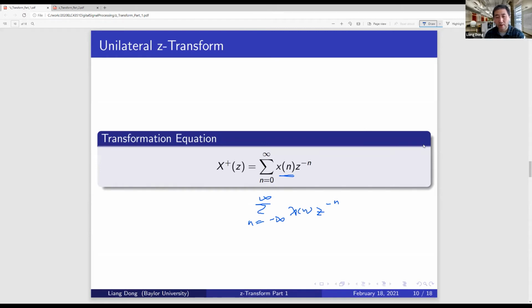We call that the unilateral Z transform. In some literature, they use the unilateral Z transform, which can help us do the calculation for any of those causal systems and causal signals.